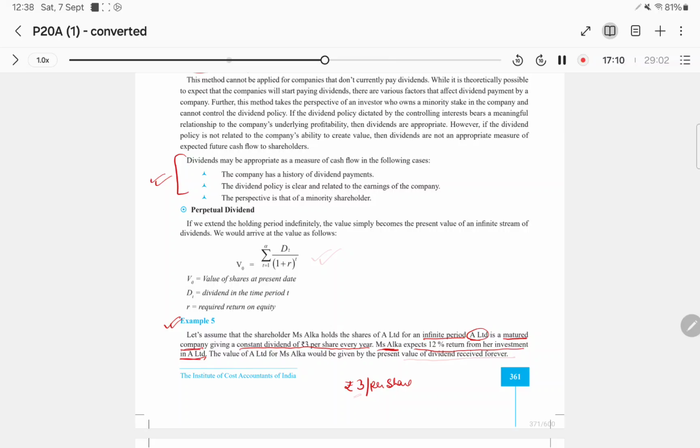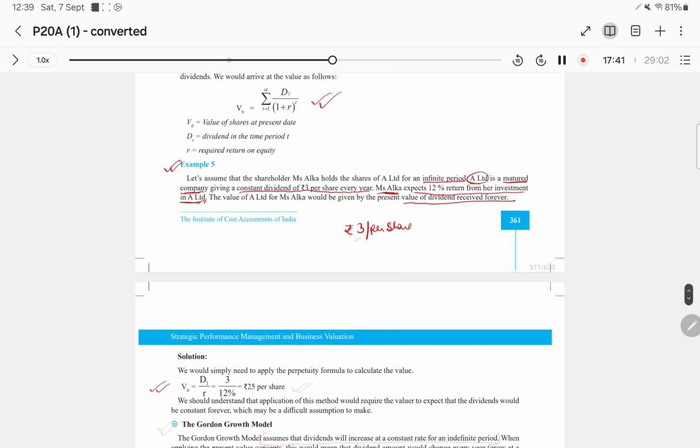The value of A Limited for Miss Alka would be given by the present value of dividends received forever. Wherever there is a phrase like dividend received forever, basically they are talking about perpetual dividend. Wherever the question says value of dividend received forever, make sure you understand that this question is regarding perpetuity. So how do we find the value of perpetuity? We find value by D1 divided by R. What is D1?